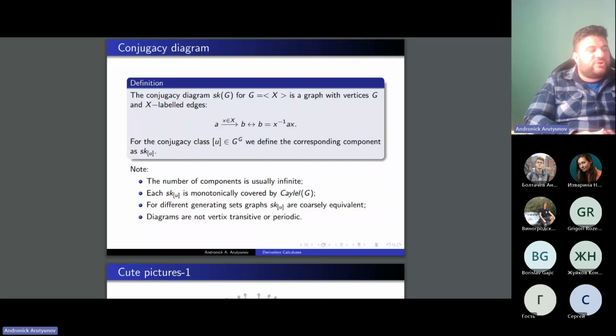And these graphs are not periodic or vertex transitive, but they are, of course, equivalent for different sets of generators.